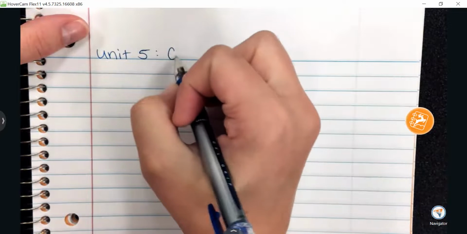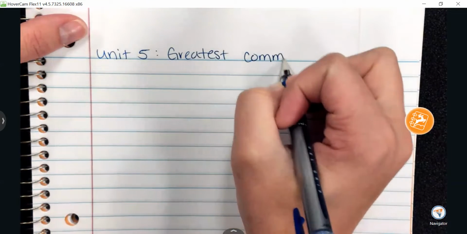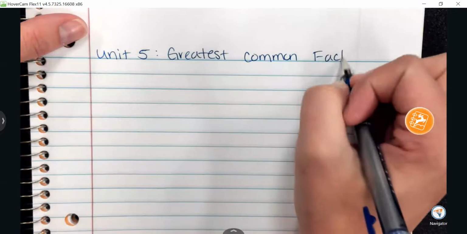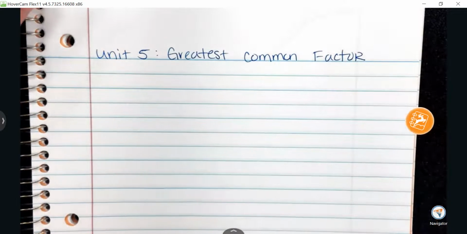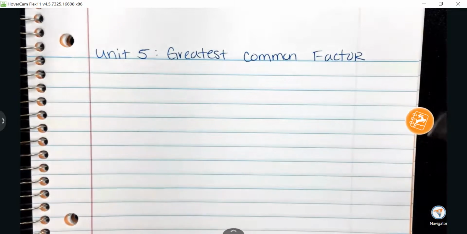And today we are going to learn the greatest common factor. You learned this in 6th grade, in 7th grade, in 8th grade, in 9th grade, in 10th grade, and if you're a senior, in 11th grade. So I am not moving at a snail's pace today, okay?